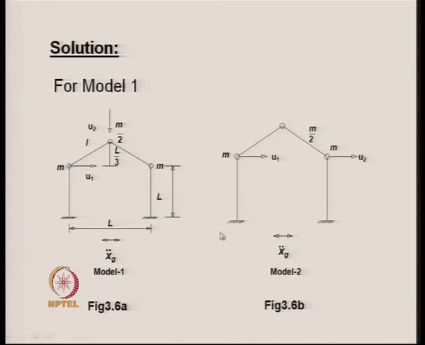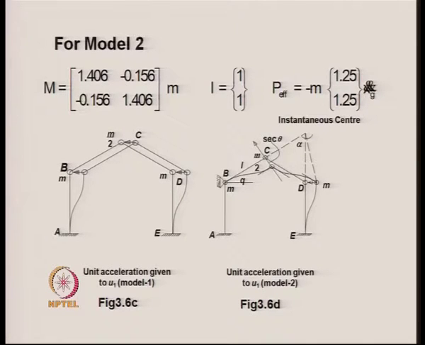And if we look at the mass matrix, the first column, that is 1.406 and minus 0.156, they are the inertia forces corresponding to the unit acceleration provided at degree of freedom 1, where 1.406 is m11 and minus 0.156 is m21.